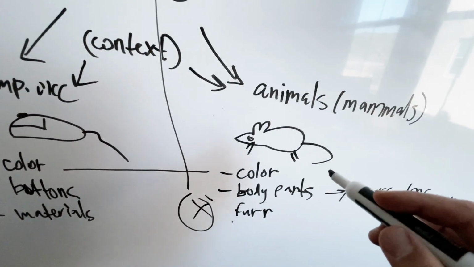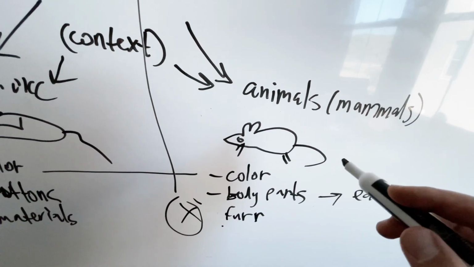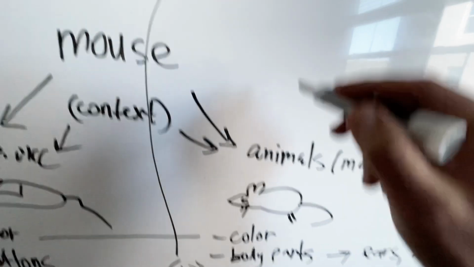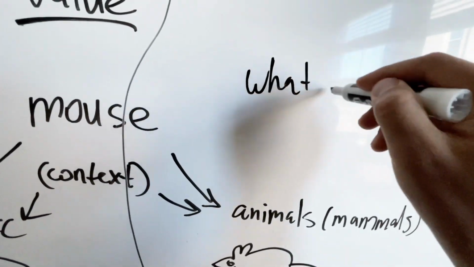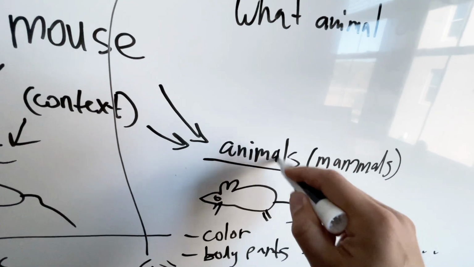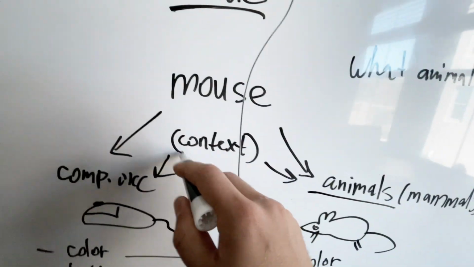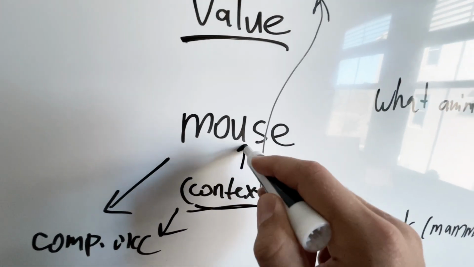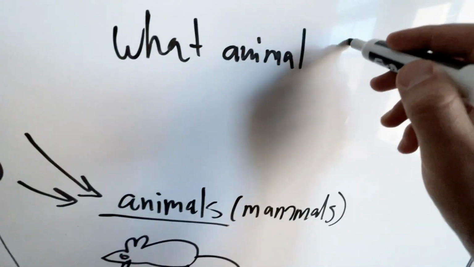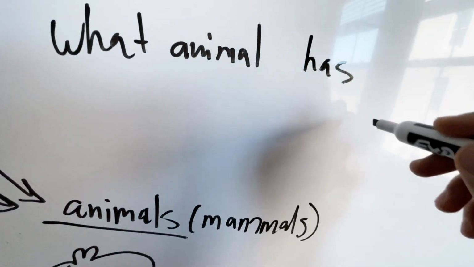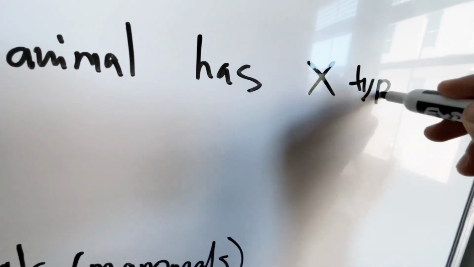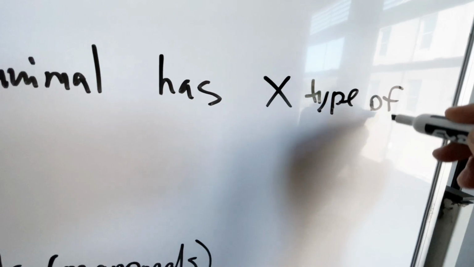So here's the scenario of how Google extracts or retrieves information. You say, what animal, which is a class, right, which is a context of a mouse, has X type of fur?